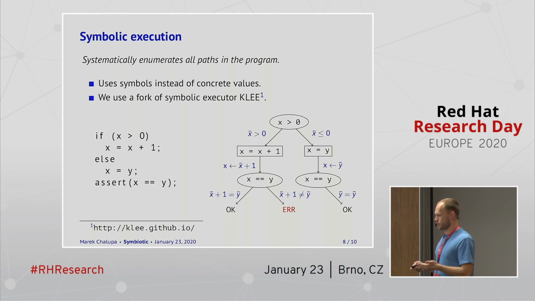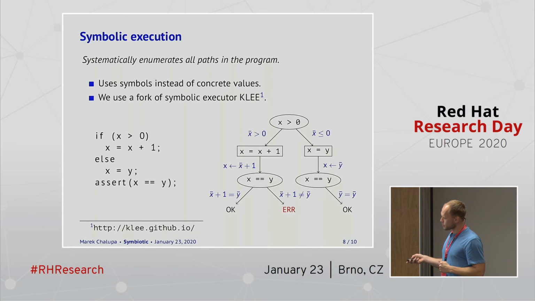But of course, we can also ask whether it is possible that this condition is not satisfied. In this case, it is possible, because x can be arbitrary, so it can be less than or equal to 0. So the symbolic executor forks and follows this path too.